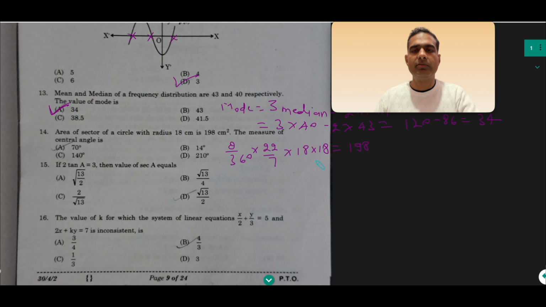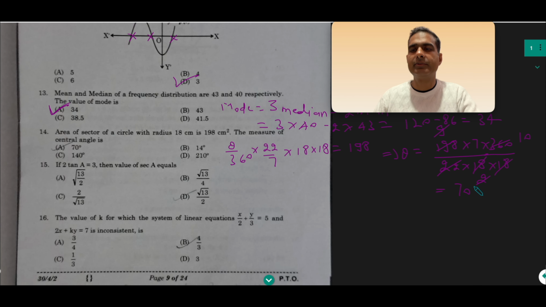And we have to find out the value of theta. So from here we can say theta will be equal to 198 into 7 into 360, the things in the denominator will go in the numerator, divided by 22 times 18 times 18. So 22 into 9 is 198, 9 into 2 is 18, 18 into 2 is 36, 36 into 10 is 360.